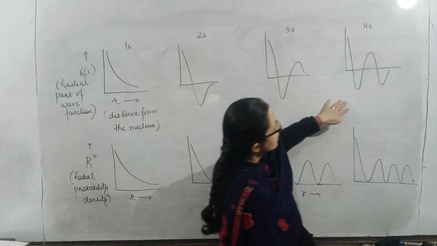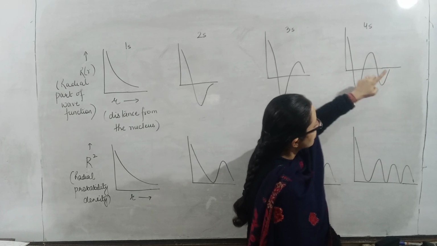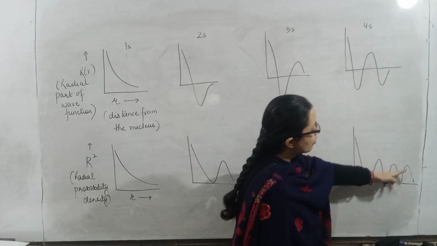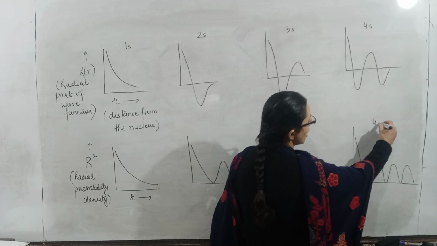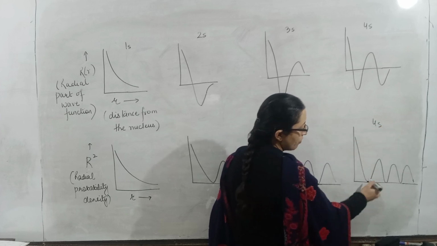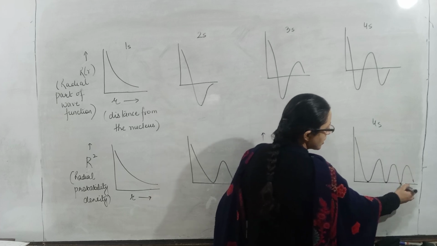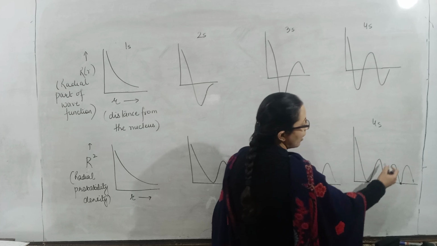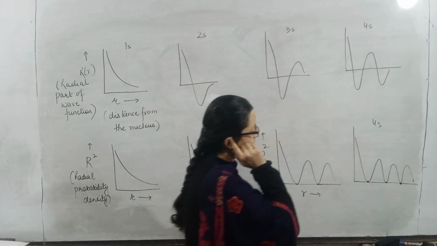Then again for 4s, this is the radial part of the wave function. जो भी negative part है इसमें wave function में, जब square करेंगे तो ये positive हो जाएंगे. ठीक है? So 4s orbital में भी same है. पहले electron density decrease करेगा, becomes 0, again increases, then again decreases, increases, decreases. So again we have 4 peaks, like 3 peaks and 1 in this decreasing order.